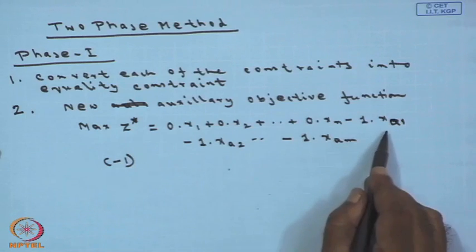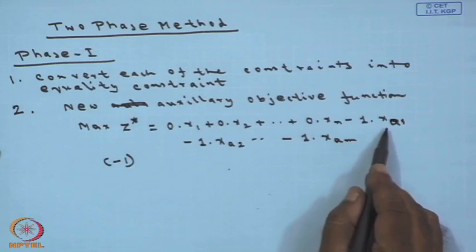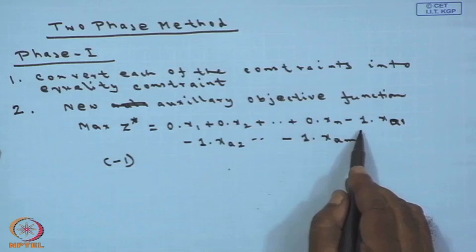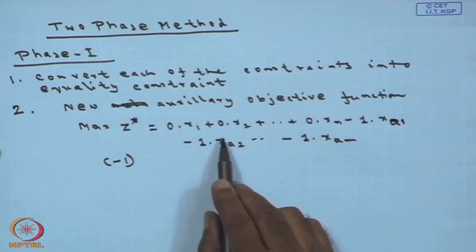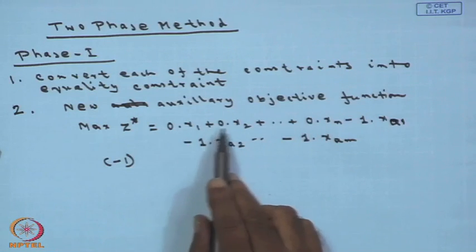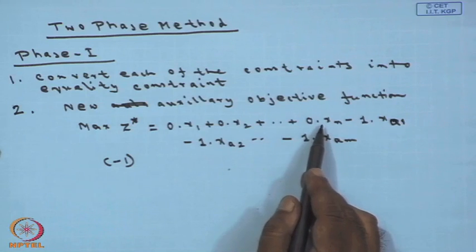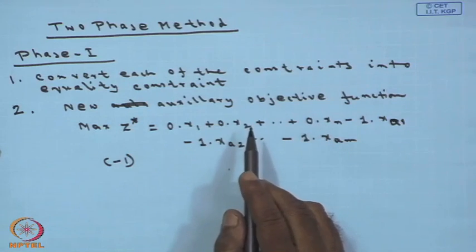Here the artificial variables are x a1, x a2 and x a m. So, for the artificial variables you are imposing a penalty of minus 1 in the coefficient, whereas for all other variables, including slack and surplus variables, the coefficients are 0. So, it is 0 into x1, 0 into x2, 0 into x n.